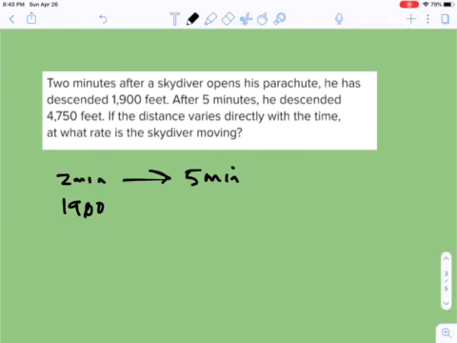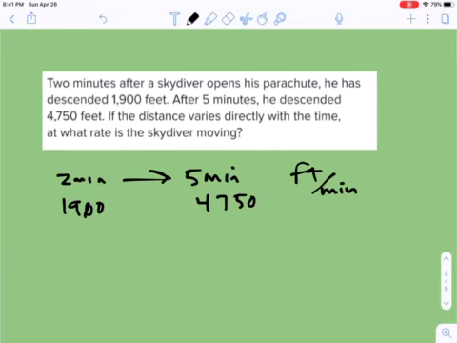At 5 minutes, it's gone 4,750 feet, right? And if you're figuring out a rate, think about this: is it going to be feet per minute, or is it going to be minutes per foot? Well, minutes per foot doesn't really make any sense. Feet per minute makes sense. It's how many feet does he fall in 1 minute, right?